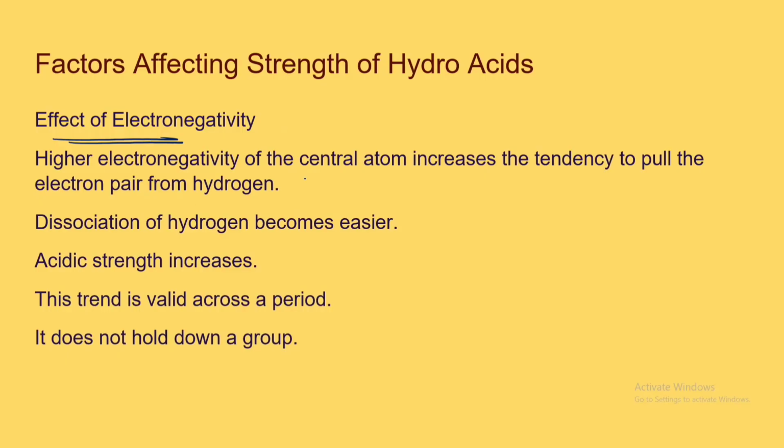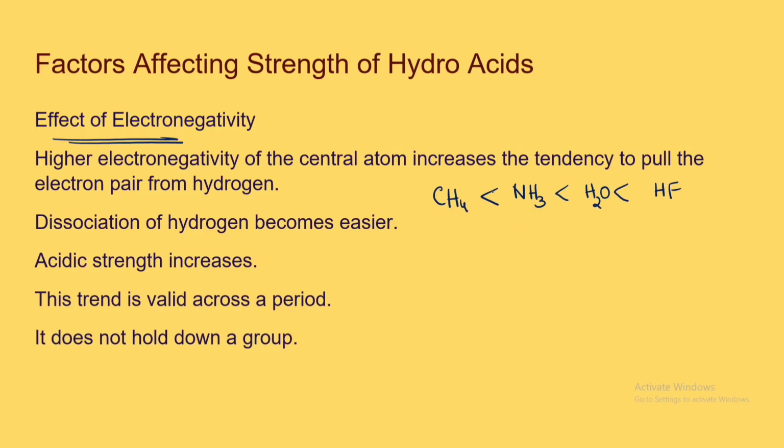For example, the hydrides of carbon, CH4, then NH3, then the hydride of oxygen, which is water, then the hydride of fluorine, HF. In acid strength, HF is stronger than water, then NH3, and then CH4 has the least acidic strength.